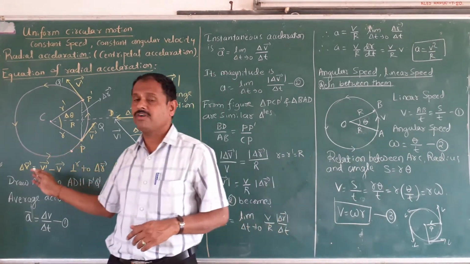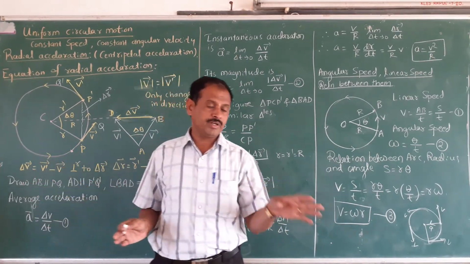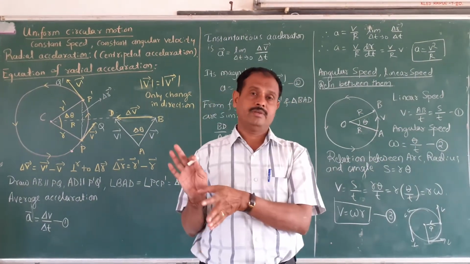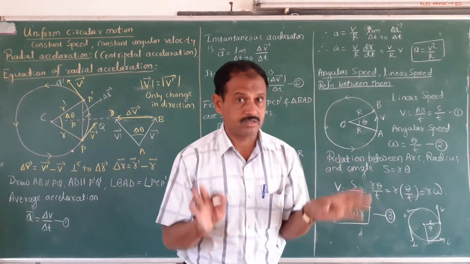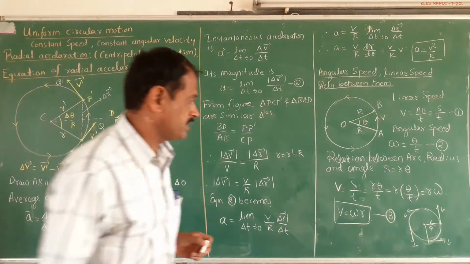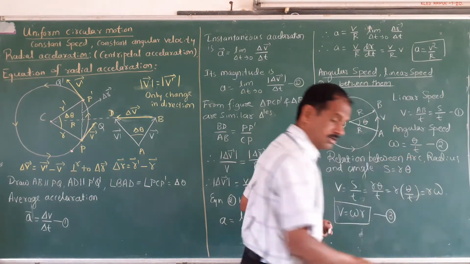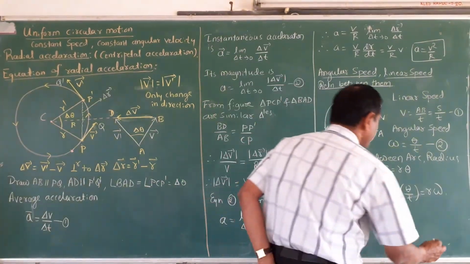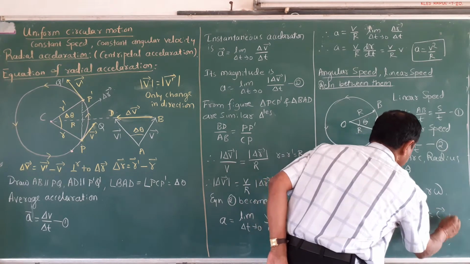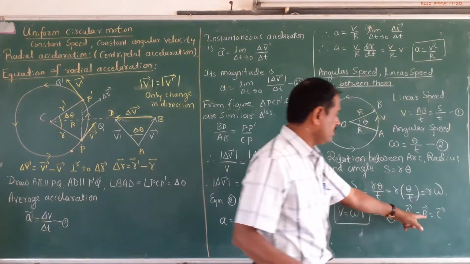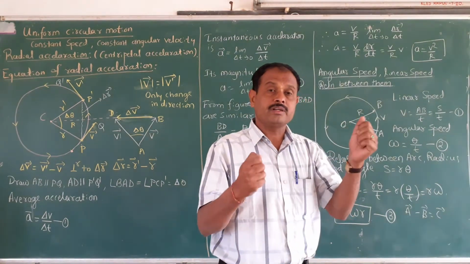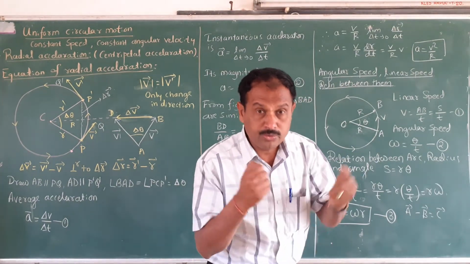When you derive the expression for the radial acceleration, one very important point is that subtraction of vectors is used here. Suppose vector B is subtracting vector A, and it gives the result vector C. How do you represent it graphically?